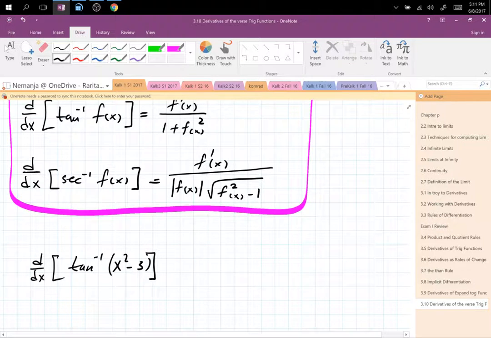So the derivative is 1 plus function squared times the derivative of the function on top.